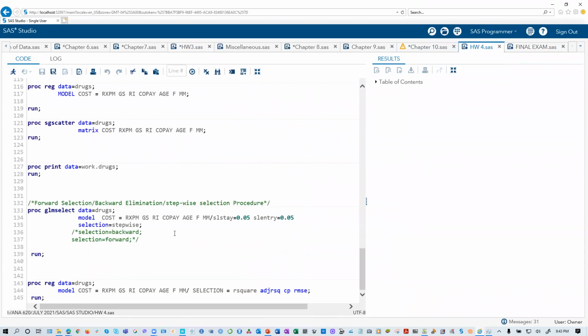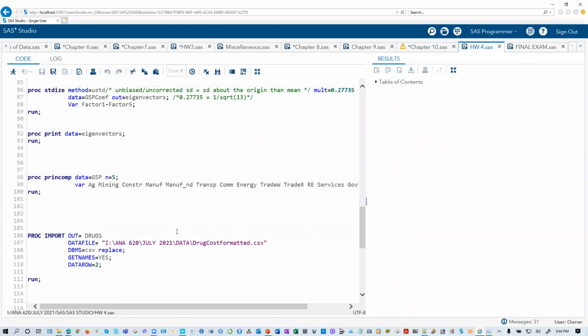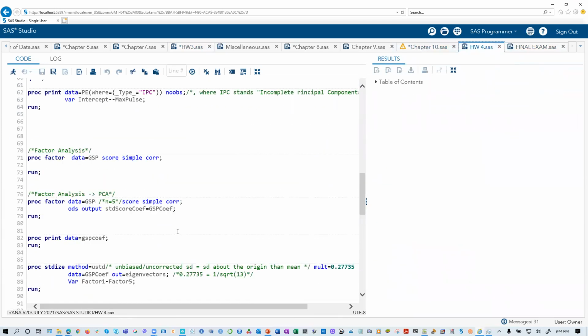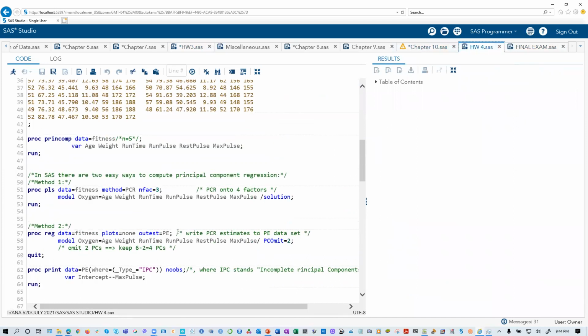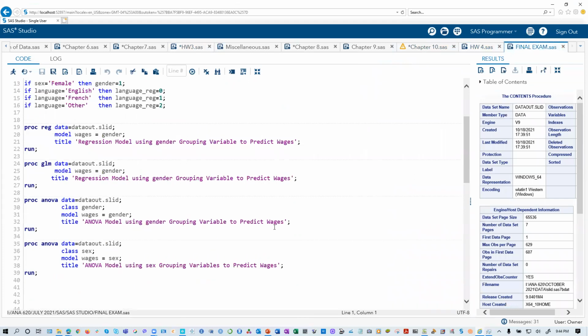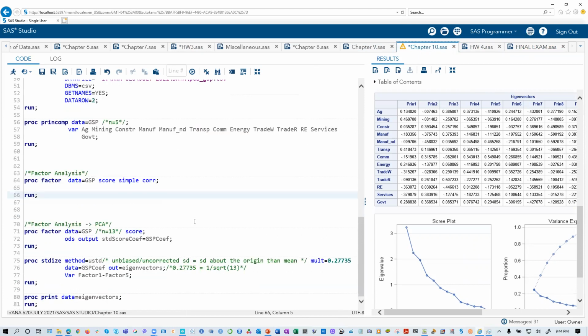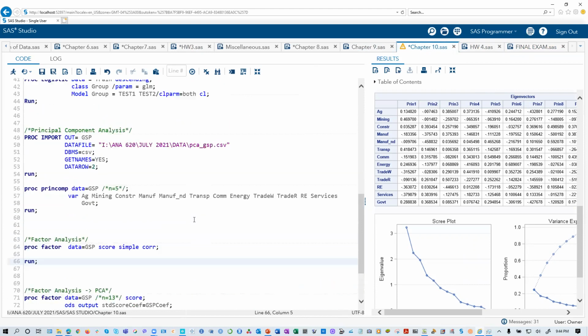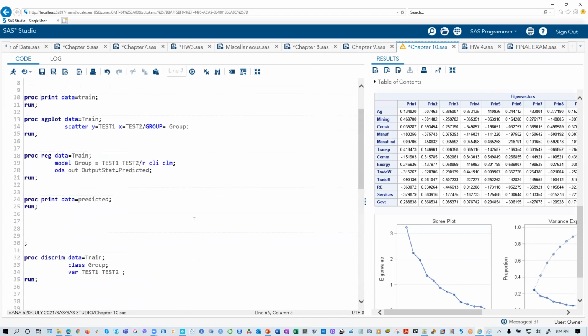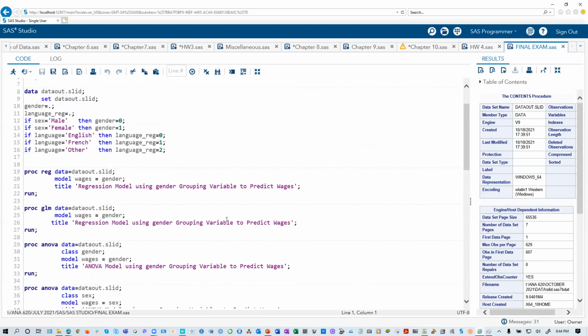Eigenvectors is homework 4. Chapter 10, factor analysis, we explained that one. Factor, principal component, logistic, everything. Okay, that's homework 4, and especially the final exam is based on that one.